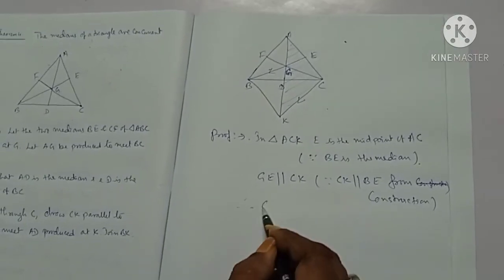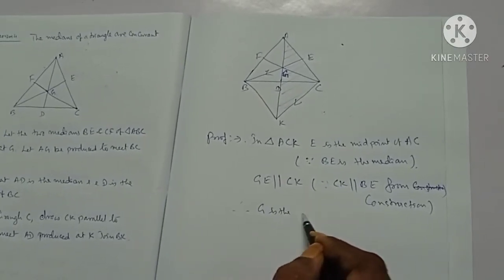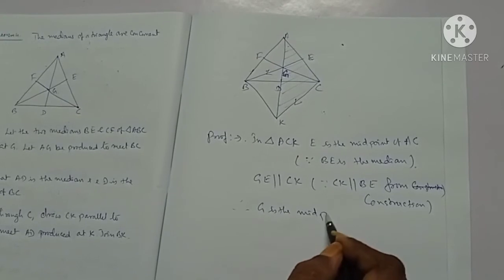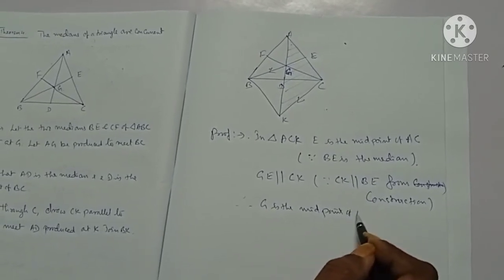Therefore, G is the midpoint of AK. Why?